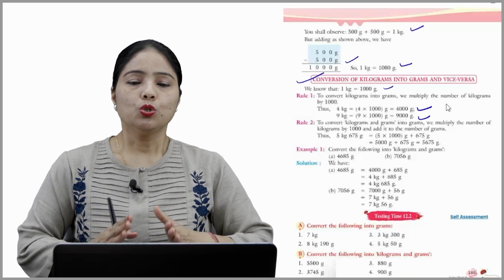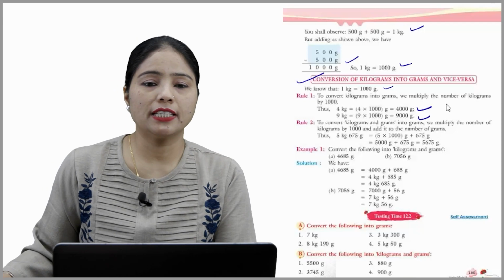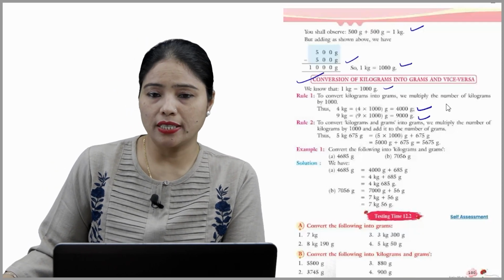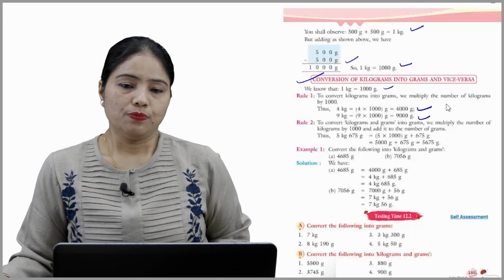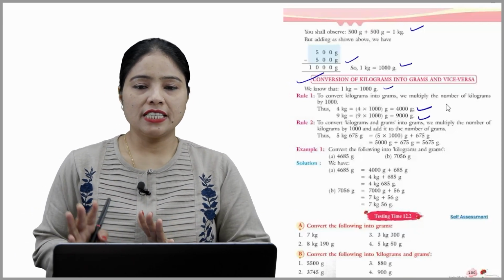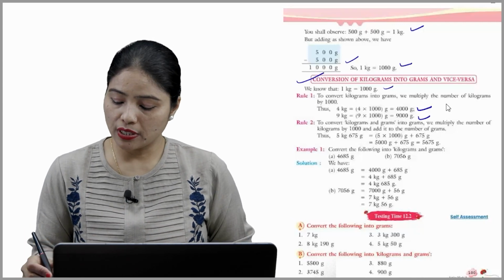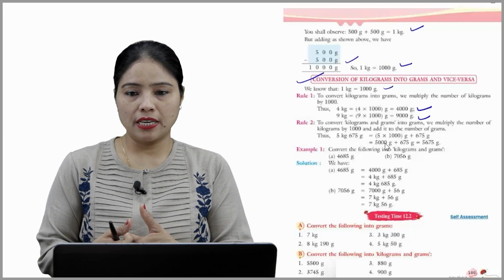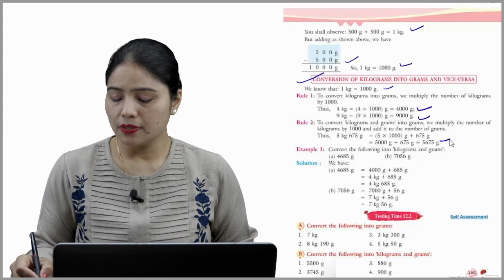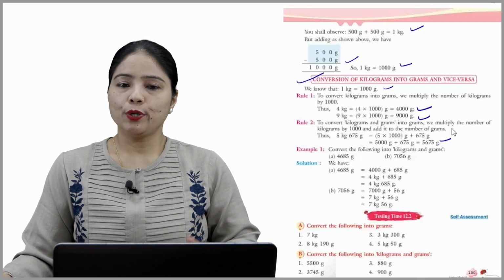Rule number 2, to convert kilograms and grams into grams, we multiply the number of kilograms by 1000 and add it to the number of grams. Okay, 5 kg 675, suppose we have that number, so 5 kg means 5,000 gram and 675 remains the same. Now add both, so now it becomes 5,675 gram beta. Hope you understood well.